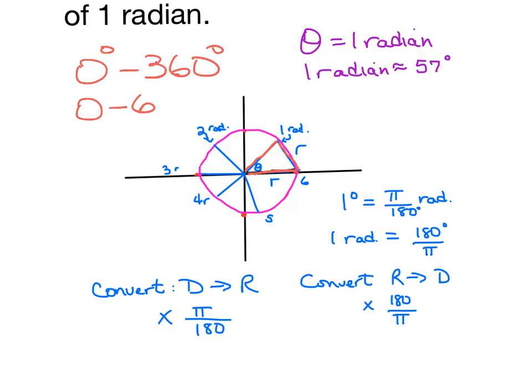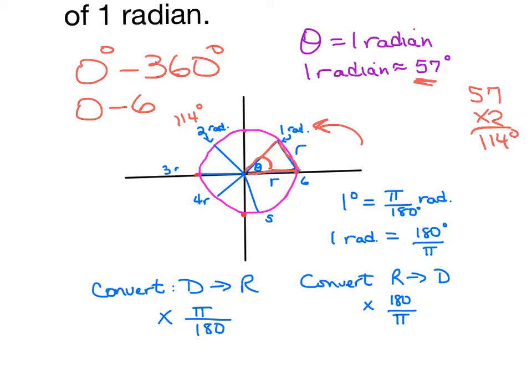If you notice on my circle, 1 radian is about here, and I told you it's about 57 degrees. So this angle right here is about 57. And then 2 radians, if I double 57, that's about 114 degrees, which over here in quadrant 2 is where 2 radians are located.